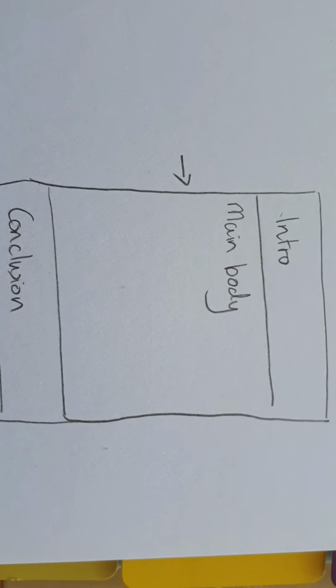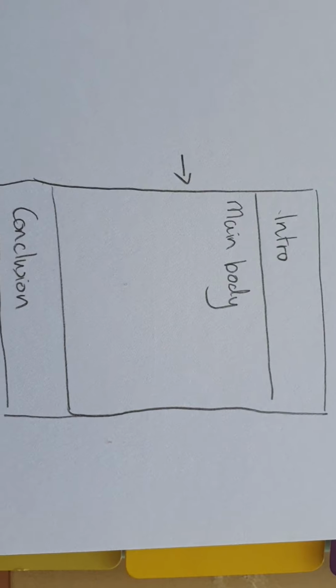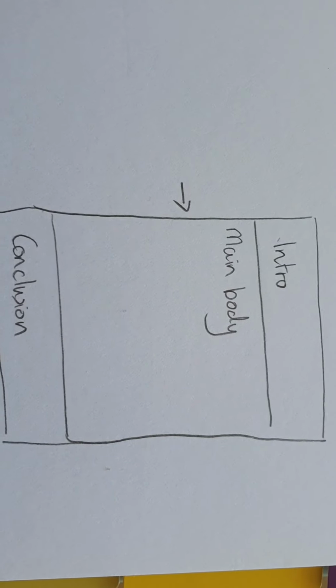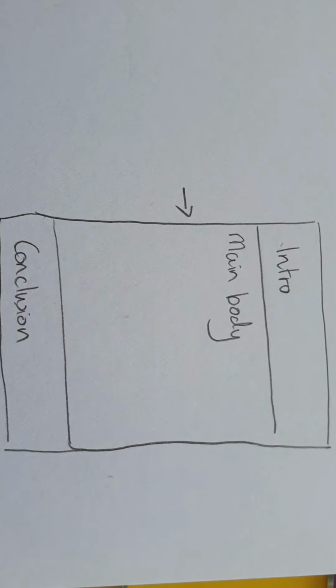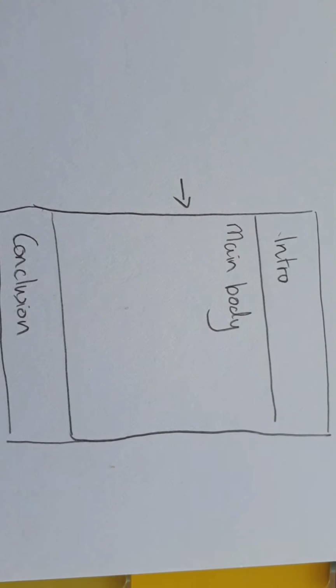That's what you'll be doing in your main body arguments, because you'll be looking at the arguments of philosophers and picking them apart, hopefully working out whether they are valid, first of all, so are there any contradictions, errors in their logic, and then whether they are sound. Are their premises and their conclusions actually true in real life?